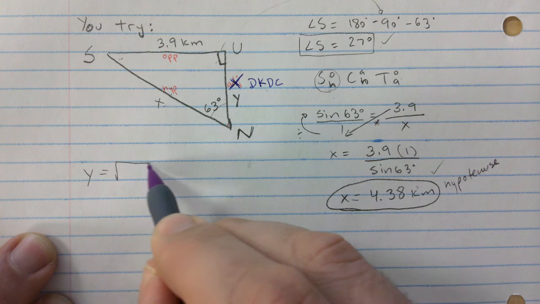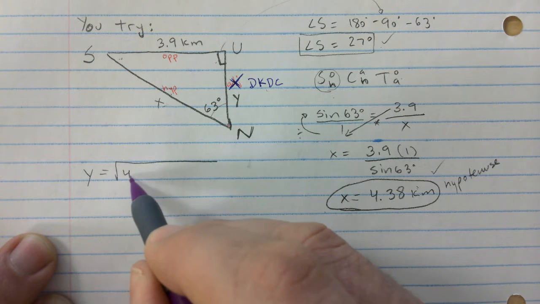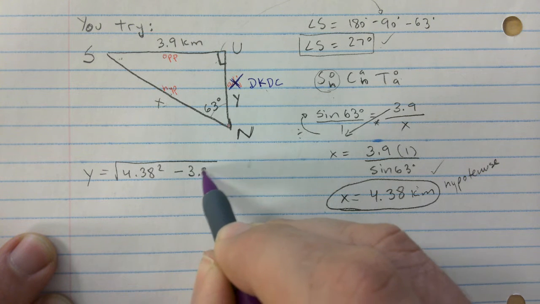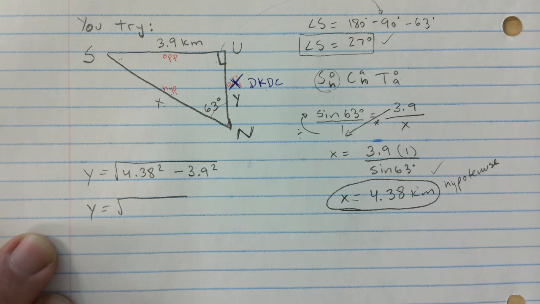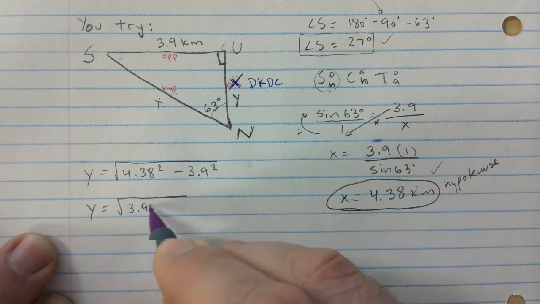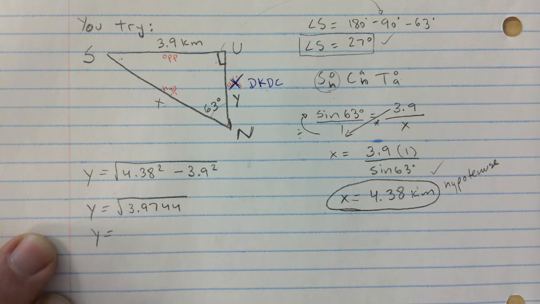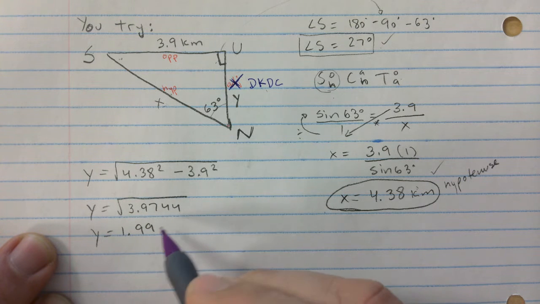So we're going to have to go hypotenuse, which is 4.38 squared minus 3.9 squared, which is the other leg here. And let's see what that is. That's 3.9744. Take the square root of that. 1.99 kilometers.